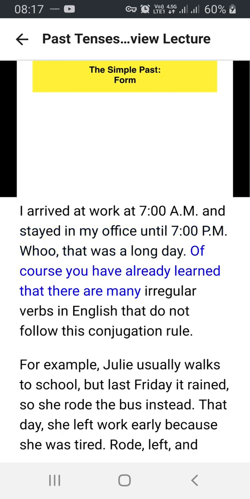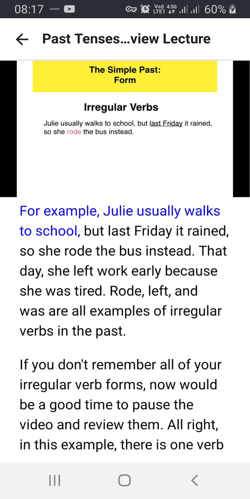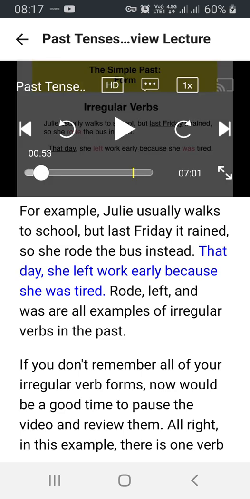Of course, you have already learned that there are many irregular verbs in English that do not follow this conjugation rule. For example, Julie usually walks to school, but last Friday it rained, so she rode the bus instead. That day she left work early because she was tired.